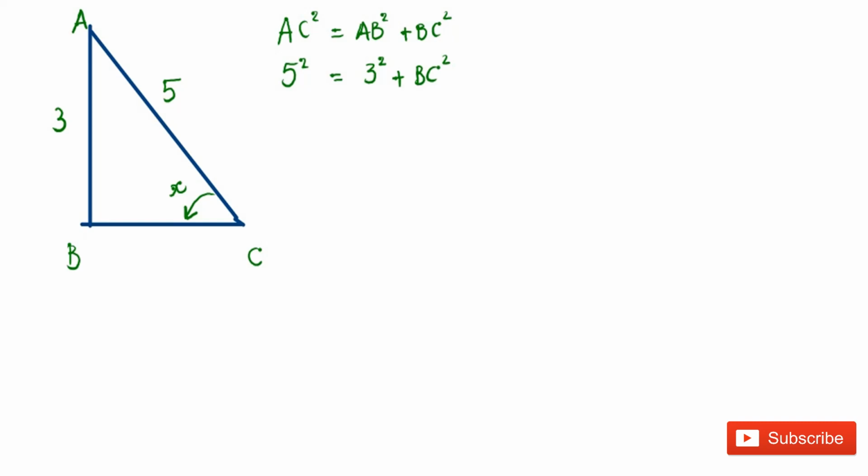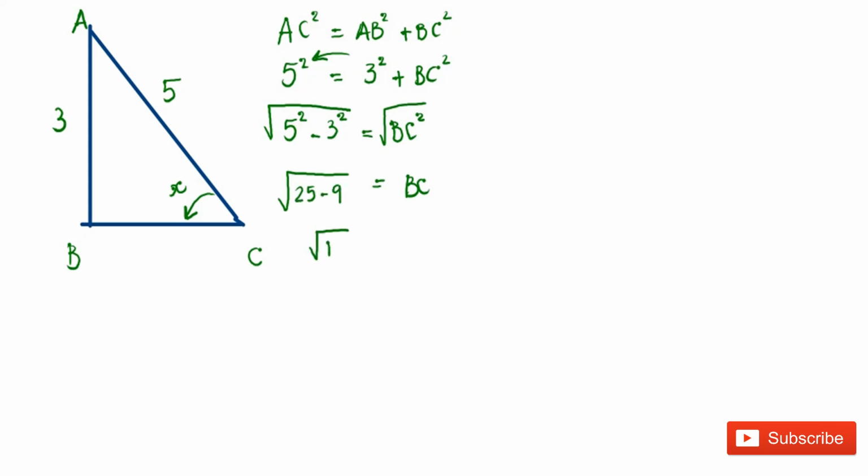We're going to have 5 squared minus 3 squared is equal to BC squared. If you square root both sides, you'll see that BC is equal to the square root of 25 minus 9, which is the square root of 16.